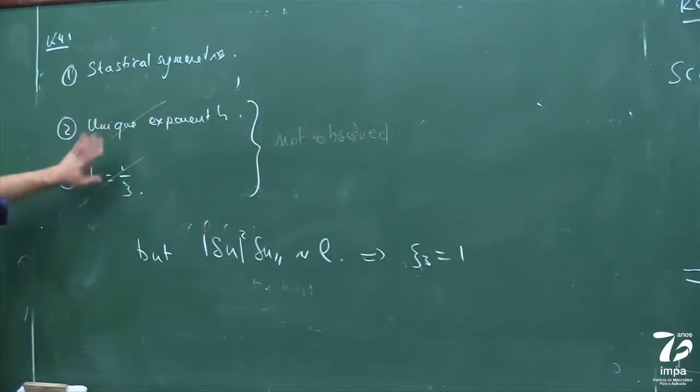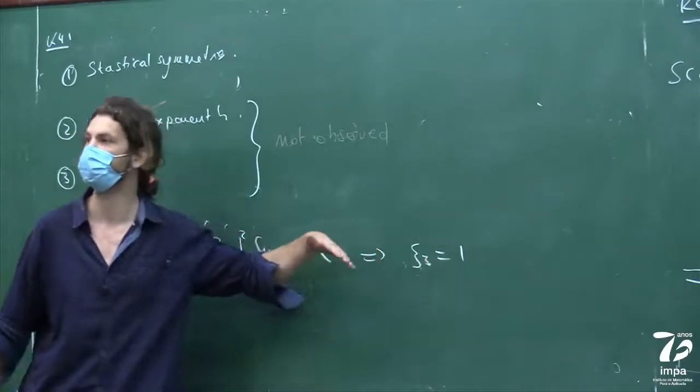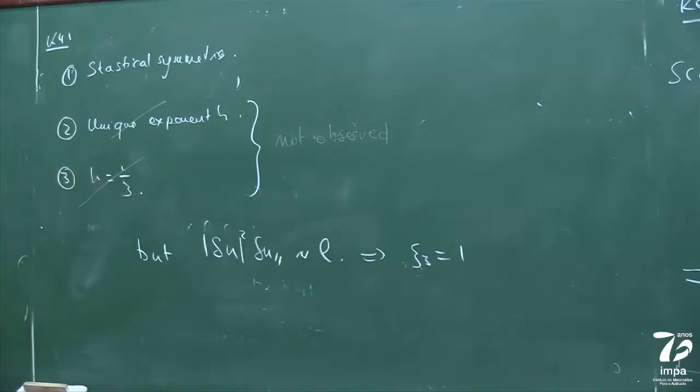But apart from that, the value of this particular exponent does not prescribe at all the value of the other ones. And the question that we may ask is how can we have at least a heuristic understanding of this phenomenon?